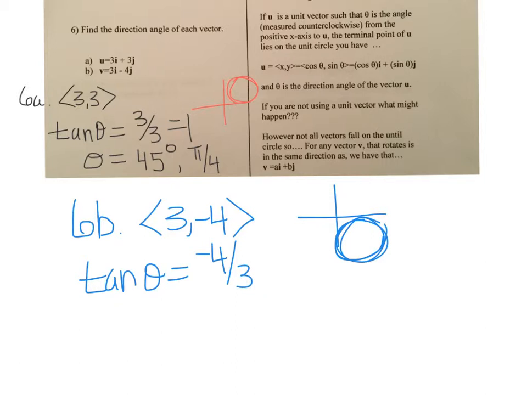And that's not a unit circle value, so you're going to grab a calculator, and you're going to type in the calculator arctan of -4 over 3. If you're using my classroom calculators, they are all set in radians, so your answer is going to come out in radians.